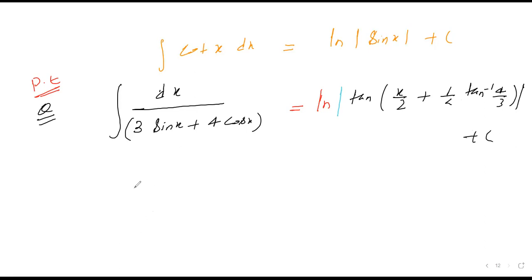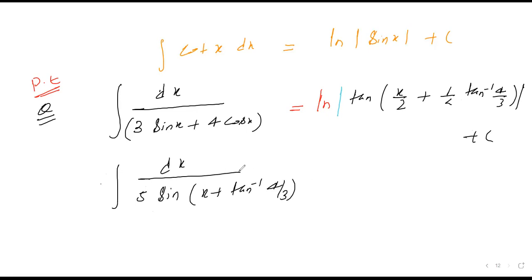You can write this integral directly in this way: integral dx upon 5 sin of x plus tan inverse 4 divided by 3.